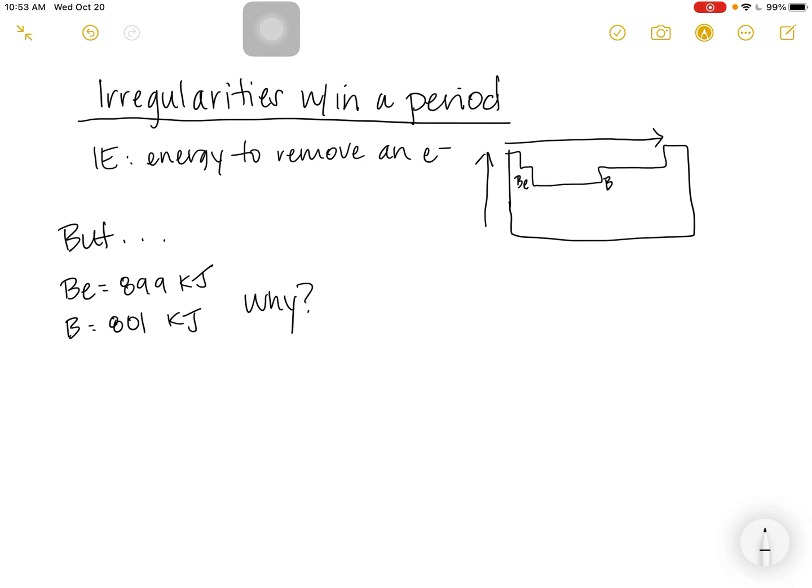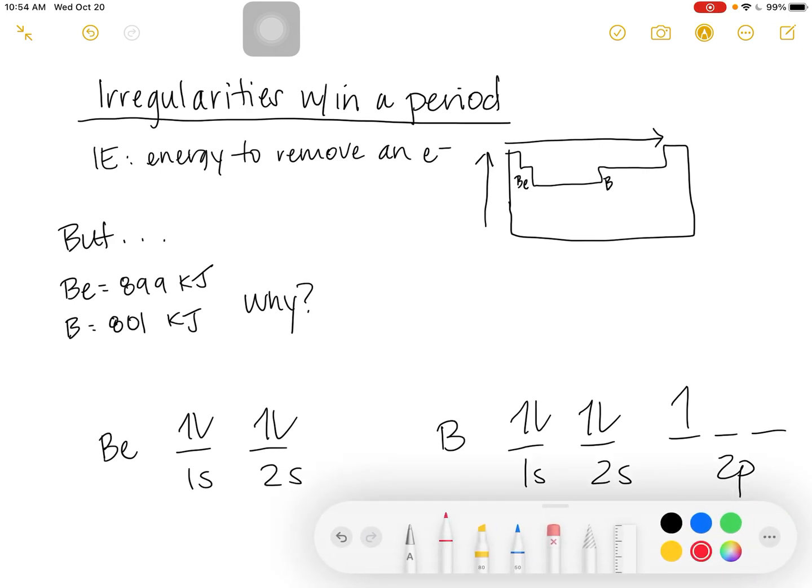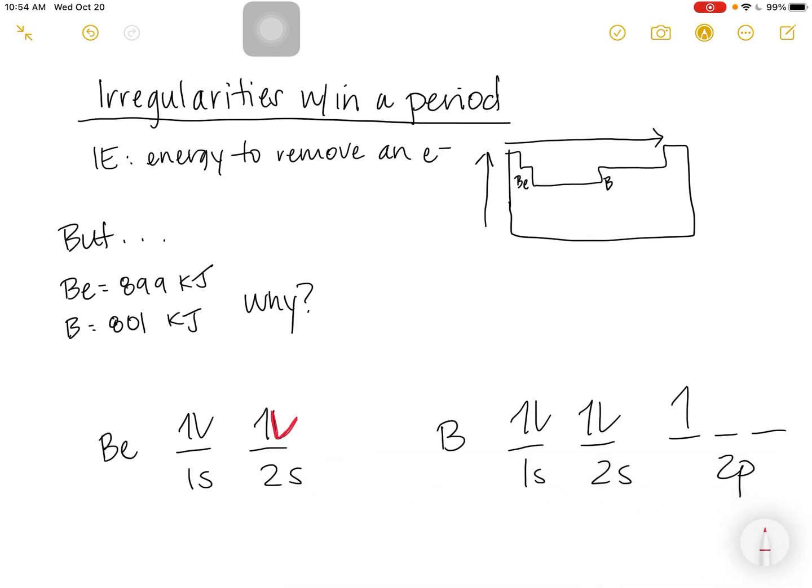It actually has to do with something we've talked about before, looking at their electron configurations. So if we look at beryllium versus boron, I'll just color code it a different color. If we were to take beryllium's electron, we would be taking this one.